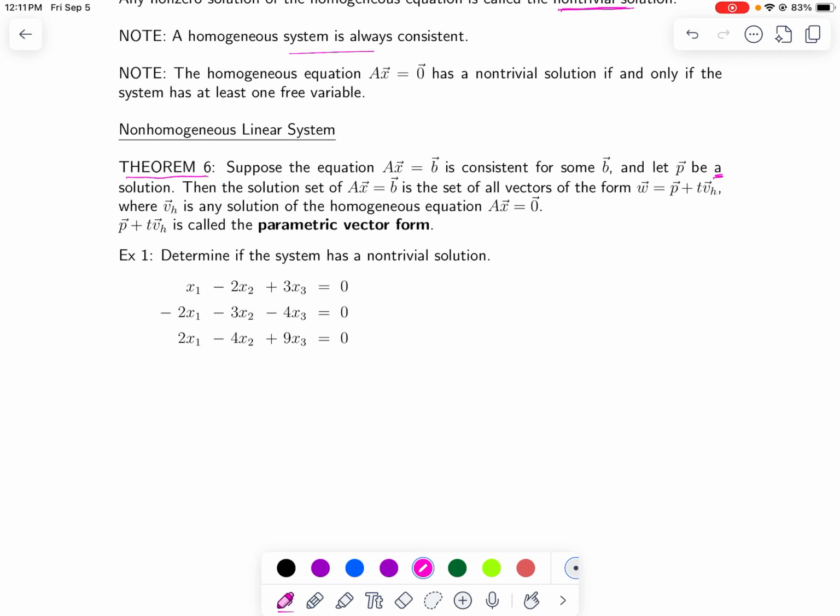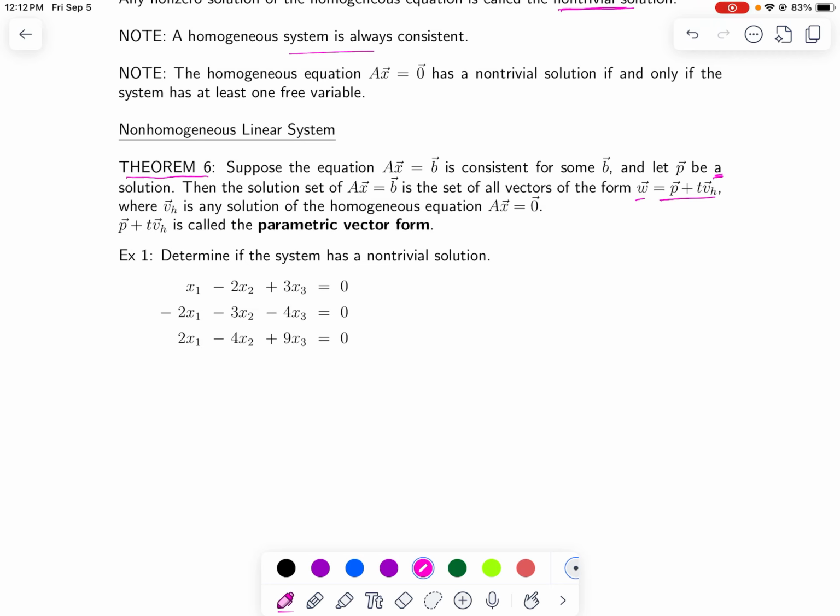Then the solution set of Ax equals b is the set of all vectors of the form w equals p plus t vh. There is an h subscript here, just to show that vh is a solution of the homogeneous equation. So vh is a non-zero solution of the homogeneous equation.